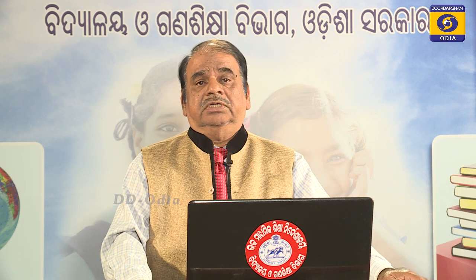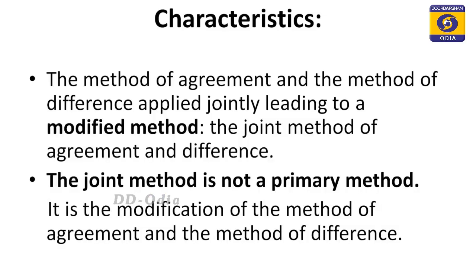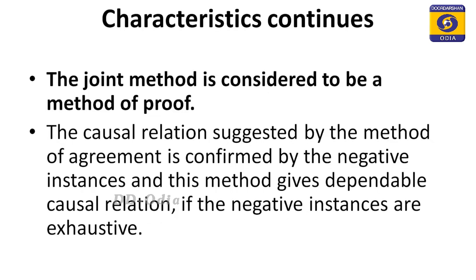So it is not a primary method, it is a modified method, and the modification has been done with respect to the method of agreement and difference. So the second characteristic is that the joint method is not a primary method, it is the modification of the method of agreement and the method of difference.